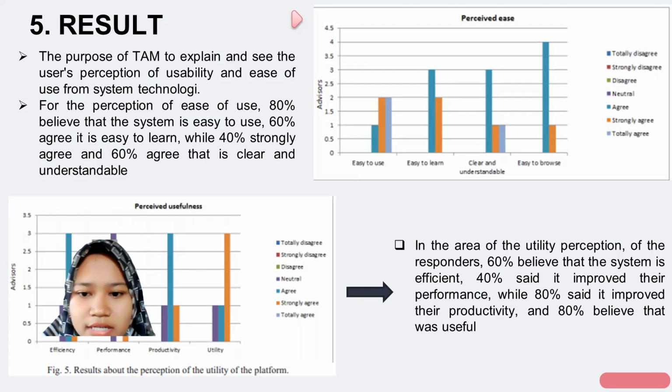And then in the area of the utility perception of the respondents, 60% believe that the system is efficient. 40% said it improved their performance, while 80% said it improved their productivity, and 80% believe that it was useful.